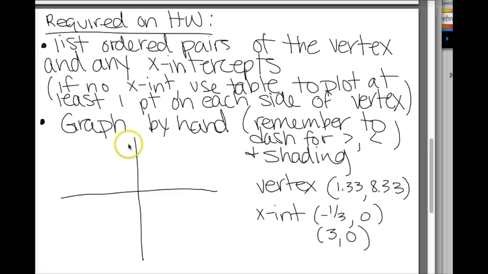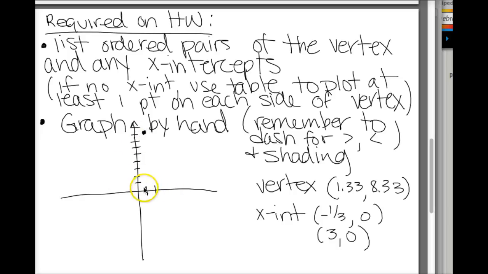So now I just need to plot it. So 1, 2, 3, 4, 5, 6, 7. I'm going to need to extend this. 8 because I need it to go up to 9. All right, so 1 1/3 and then up to 8 1/3. So there's where my vertex is.